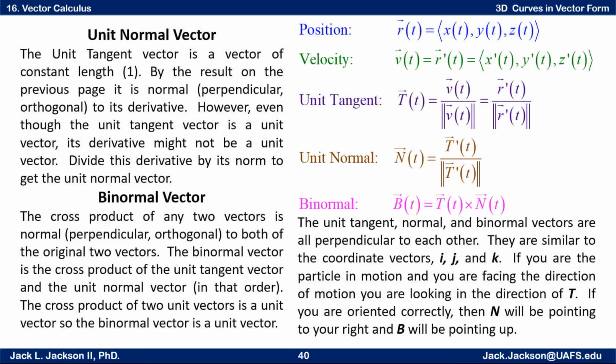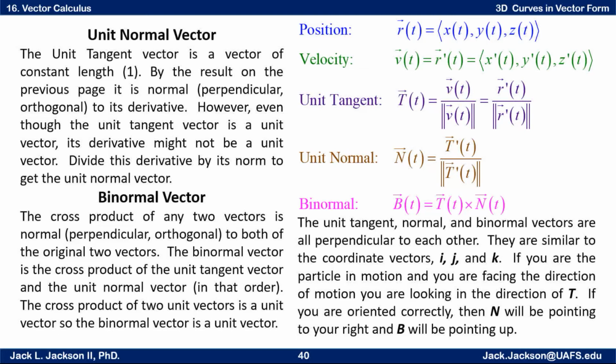Of course, for cross product, the order matters. If you cross product the other direction, it'll point the opposite direction. Okay, and the cross product of two unit vectors is a unit vector, so this binormal vector is also a unit vector. So the unit tangent, normal, and binormal vectors are all perpendicular to each other. Any two of them are perpendicular to the other.